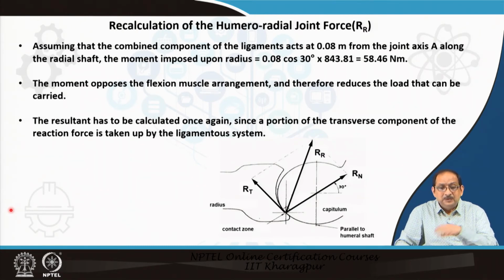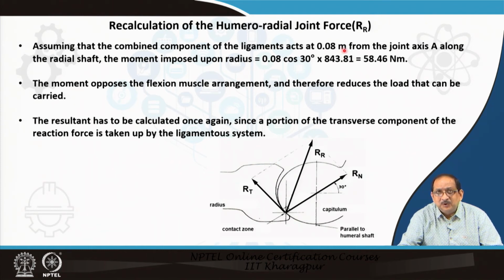Now, we should recalculate the humeroradial joint reaction force considering the effect of the ligamentous force. So, assuming the combined component of the ligaments act at a distance 0.08 meters from the joint axis along the radial shaft, the moment imposed upon the radius is calculated as 58.46 Newton meter.